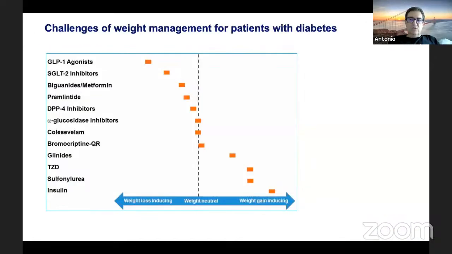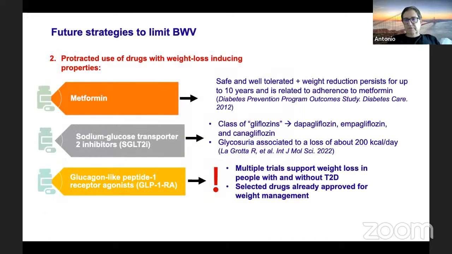What can we do for this issue? I think it is well known that the property of weight reduction is different between the different drugs we use for diabetes treatment. And recently the most powerful was emerging, GLP-1 receptor agonists were emerging as the most powerful therapy to lose weight, and not only in people with diabetes, but also in people without diabetes.